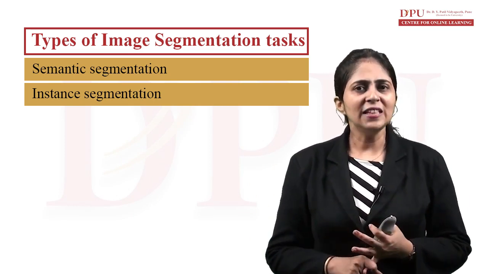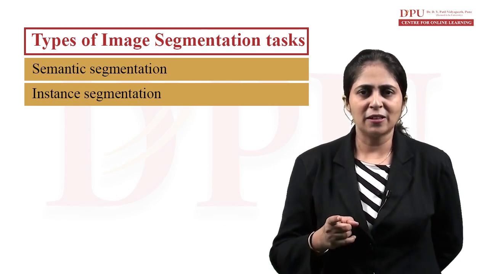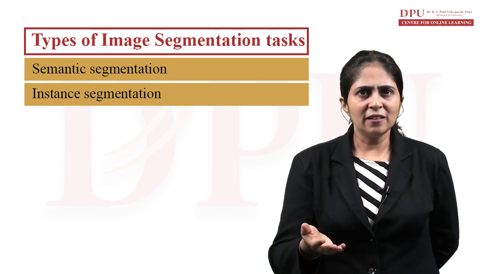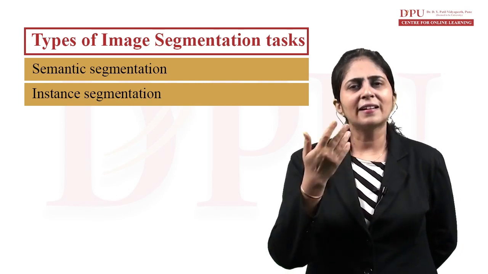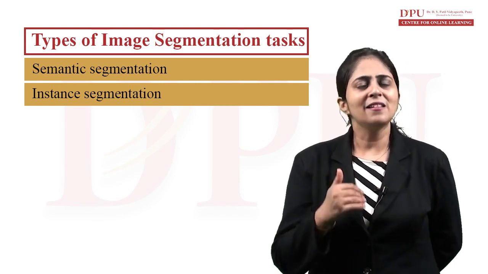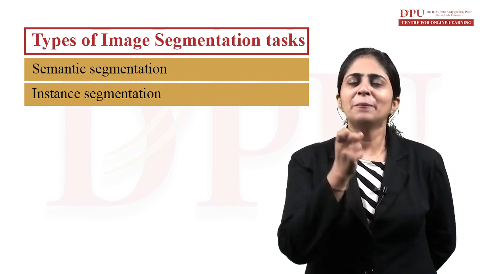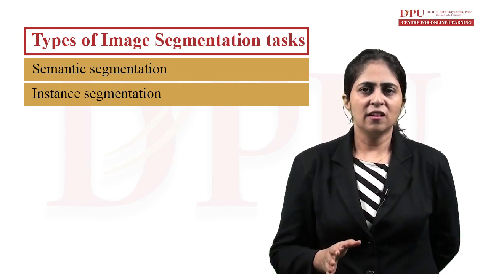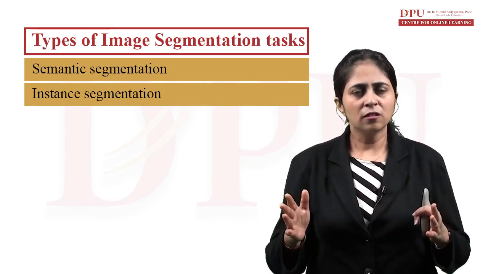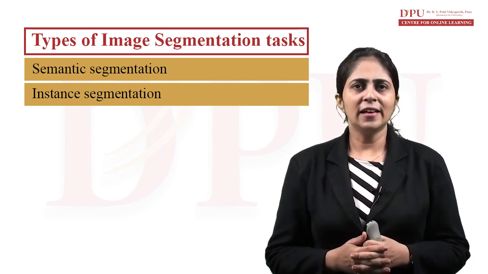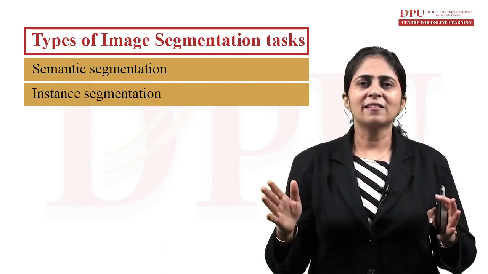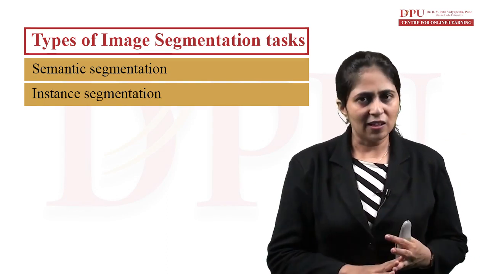So the first is semantic segmentation, and the second is instance segmentation. In semantic segmentation, we are classifying the image into semantic classes, while in instance segmentation, we are dividing it into instances. That means if we have an image of a street on which various persons are there, semantic segmentation will just classify it as a pedestrian class image.